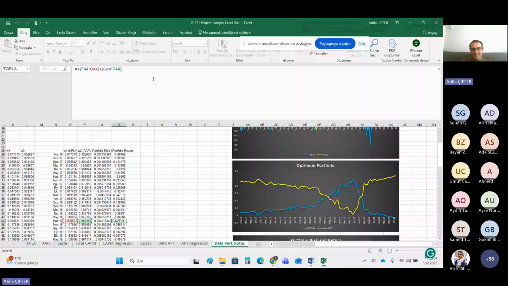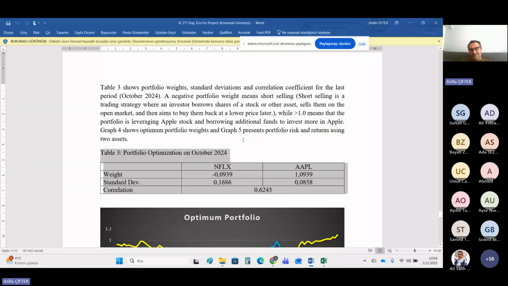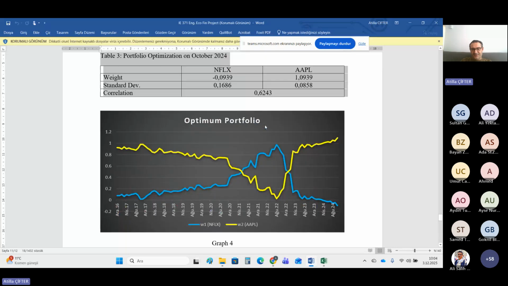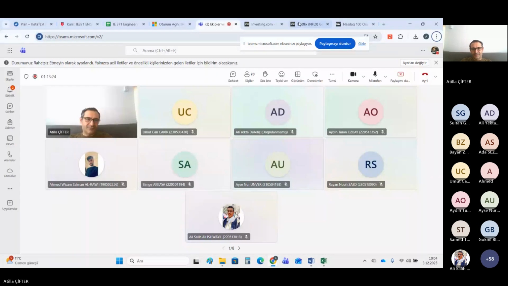But for this table, we just report the last month's weights, standard deviation, and correlation in order to see the general picture for these two stocks. But when you look at this graph, optimal portfolio weight, you can see it says decrease Netflix and increase Apple. Let's look at what happened during one year.